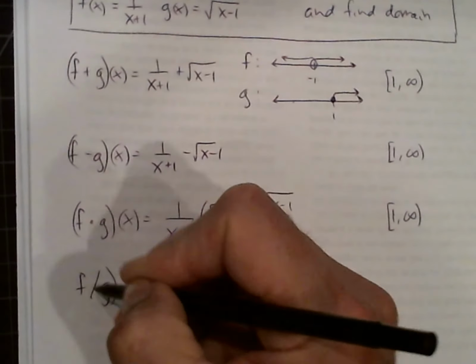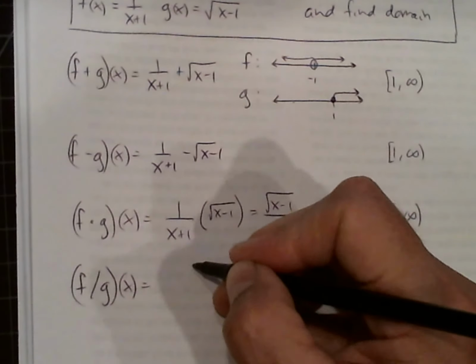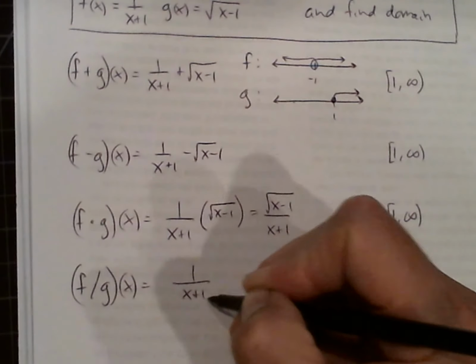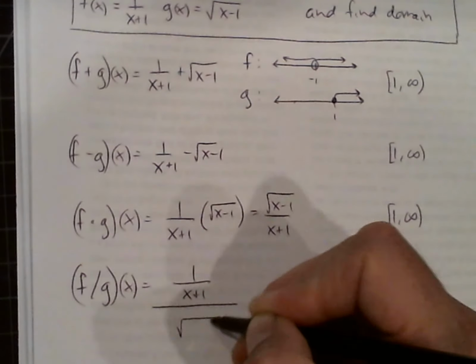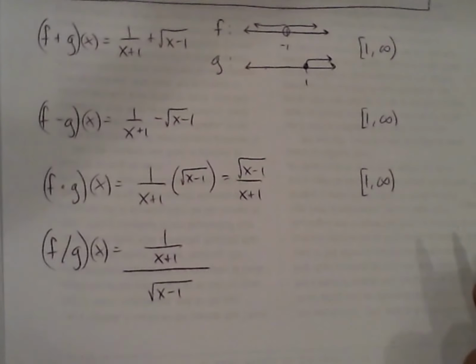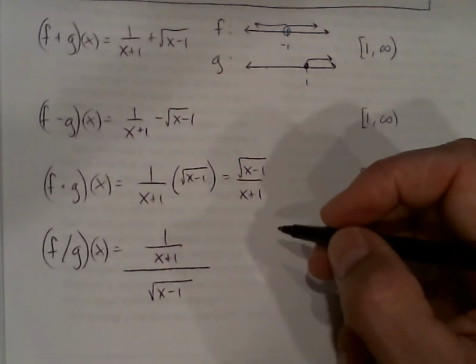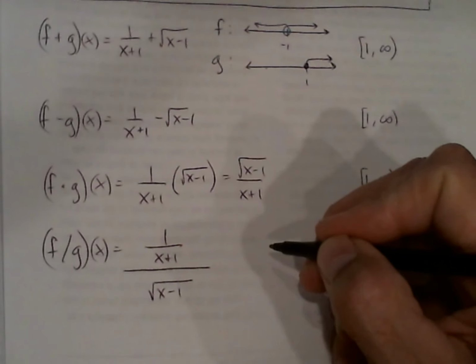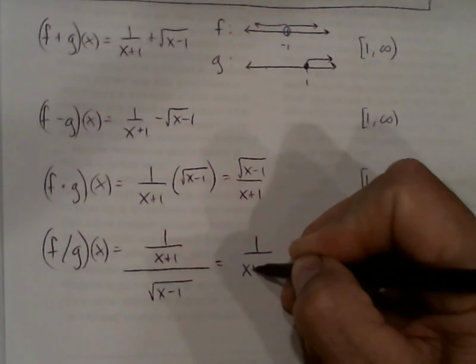F divided by G, we'll take F divided by G. So we could write that like this.